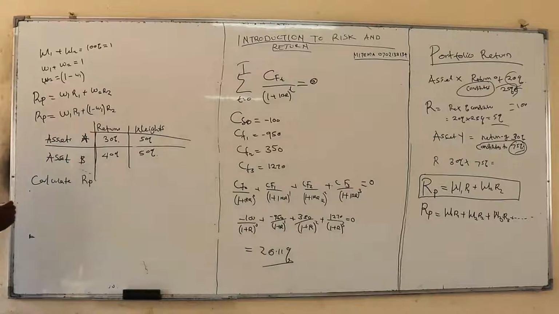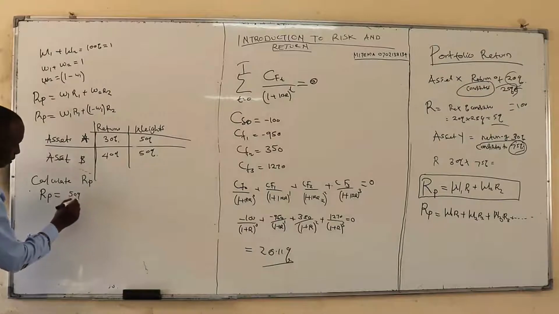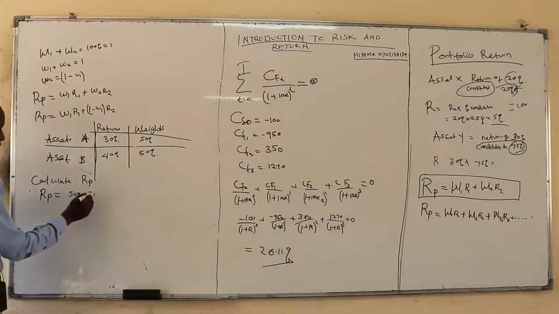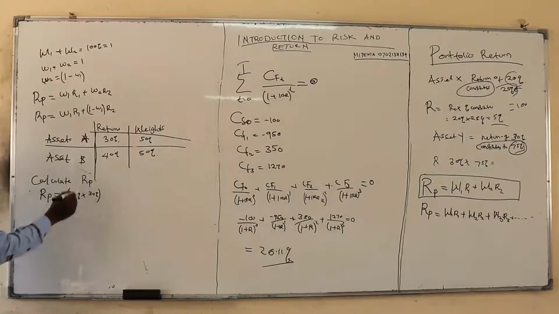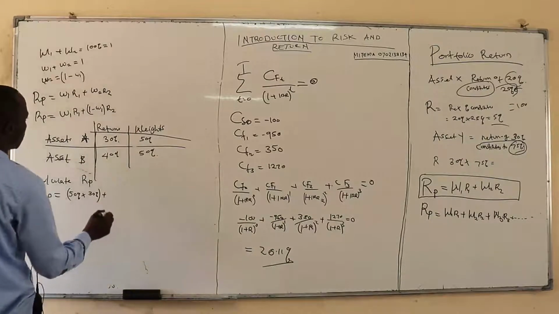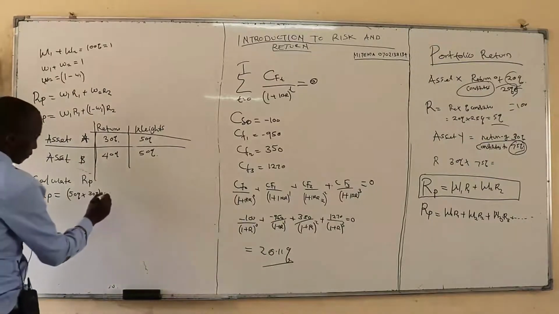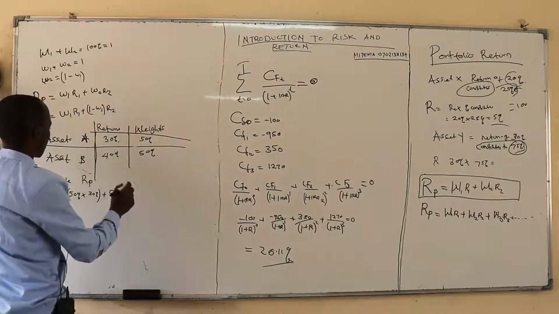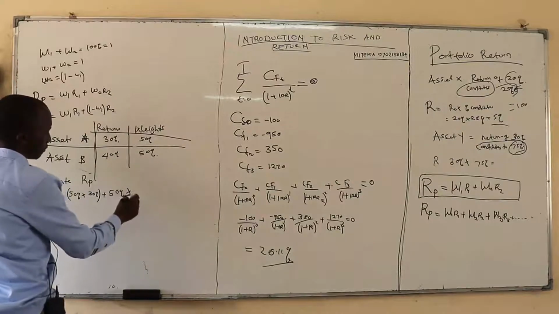So the return on portfolio equals, using this formula, the first weight, which is 50%, multiplied by the first return, which is 30%. You add the second weight, which is 50%, times the return of the second asset B, which is 40%.